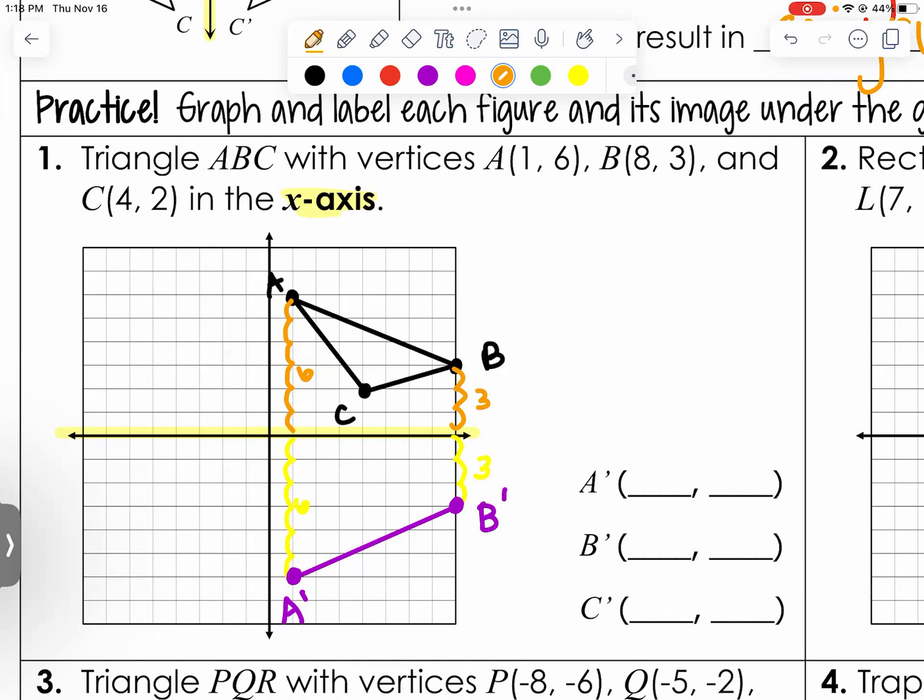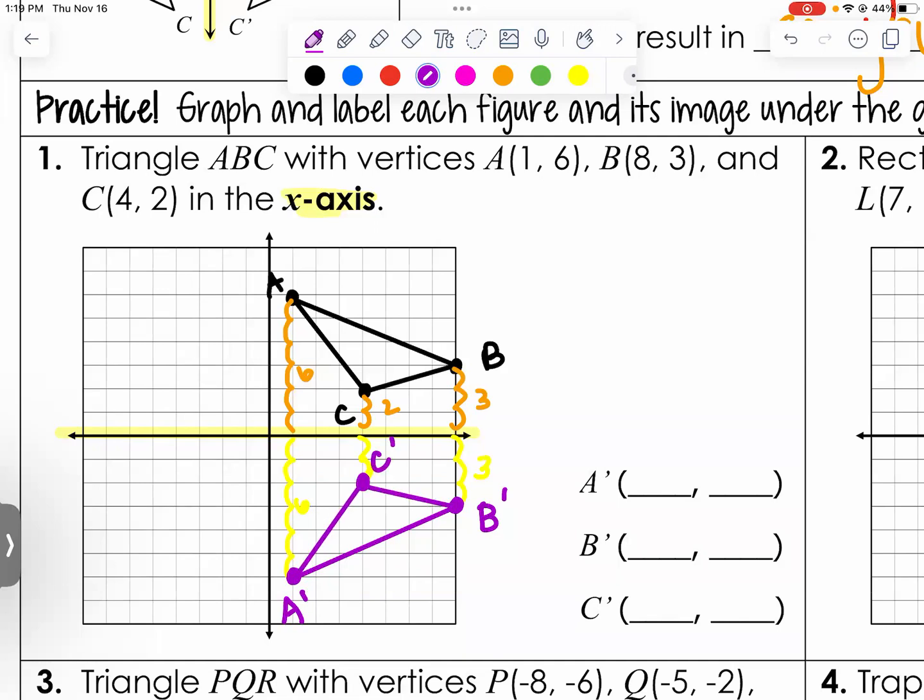So we're reflecting over the x-axis, so we're flipping it over to the bottom. Okay, how far away is C from the x-axis? 2. So here is our C prime.